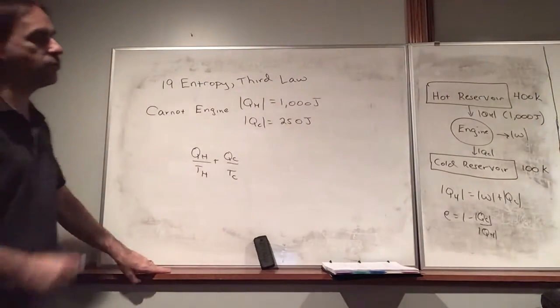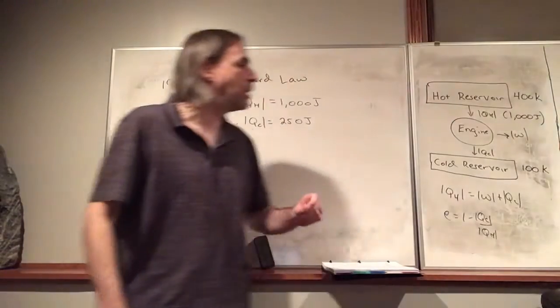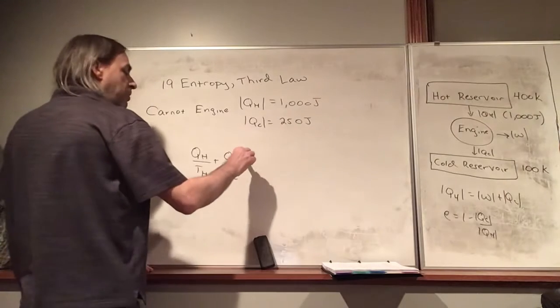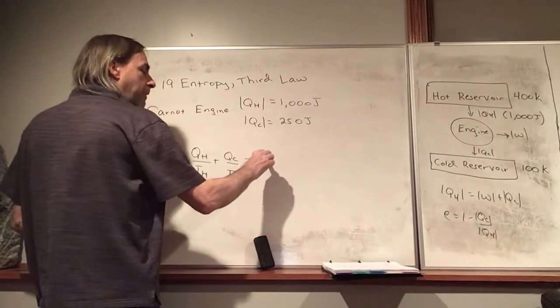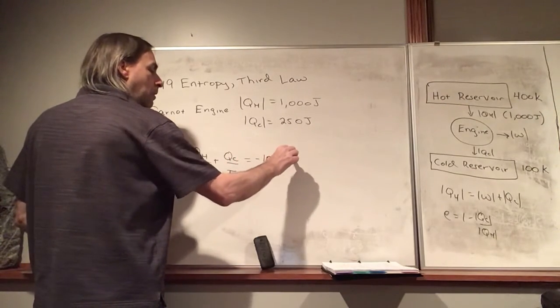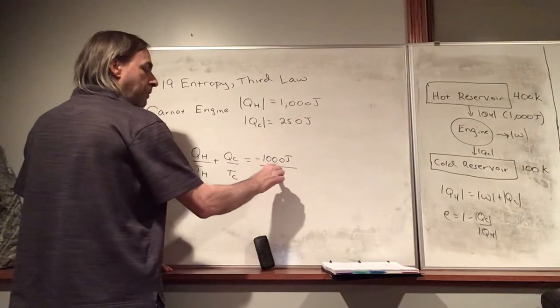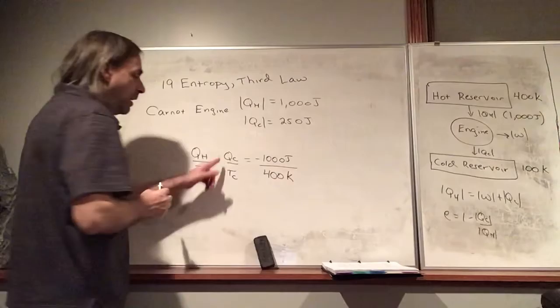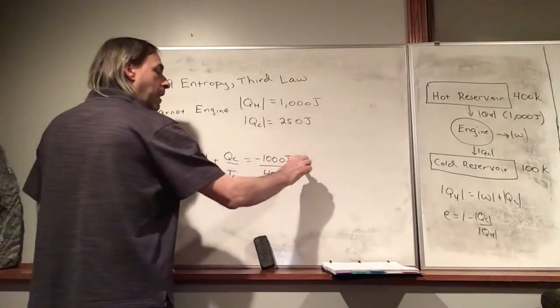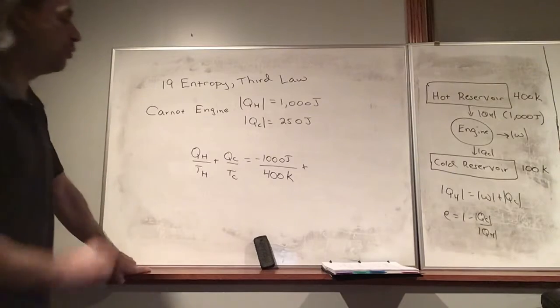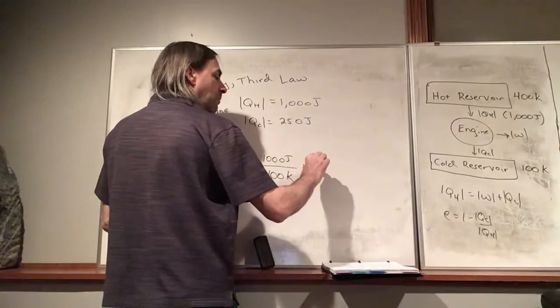So QH, we're taking heat out of the hot reservoir. So QH is going to be negative. So this quantity, we're going to have minus 1,000 joules, and it's out of a temperature, 400 Kelvin. And then we're adding the second term, where QC was 250 joules.